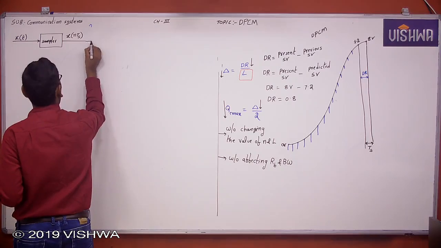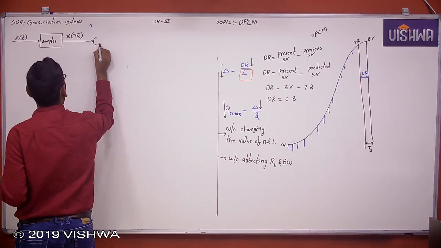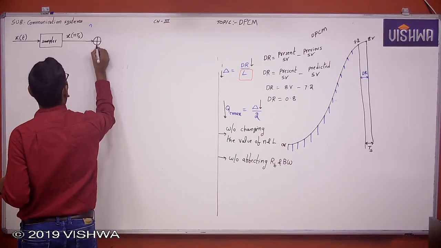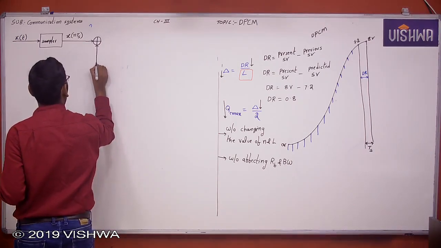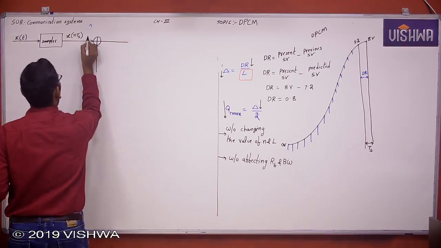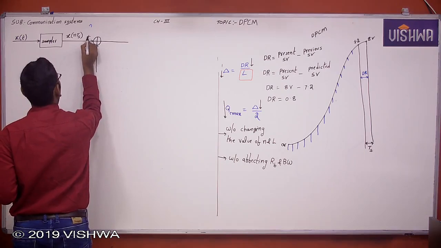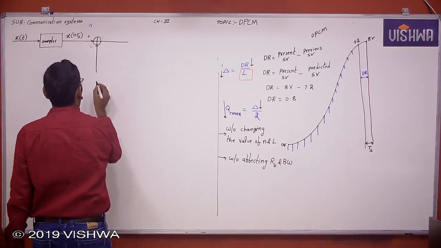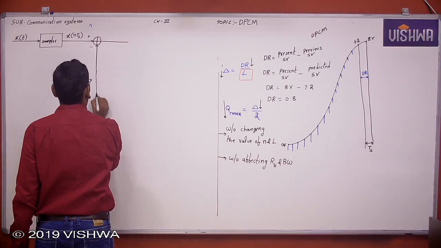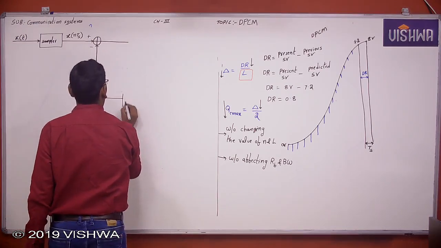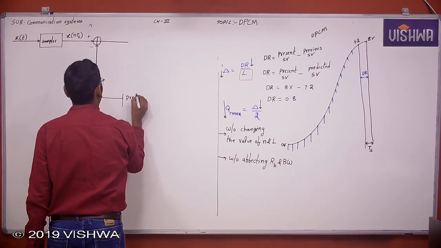Here I am taking an adder, a subtractor circuit. One input is the sampled signal and the other input is from the predictor. This is the prediction filter.